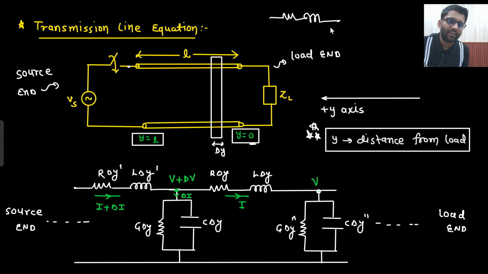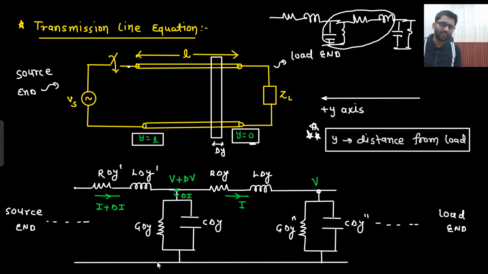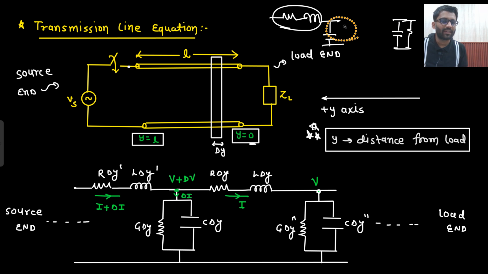R, L, G, C, then again R, L, G, C. So this portion I am taking as delta Y. This is some other GC, this is some other RL. I am only taking this portion as delta Y. I hope you have understood the point. This is delta Y because I want the equation in terms of delta Y only. I do not want to introduce delta Y dash.